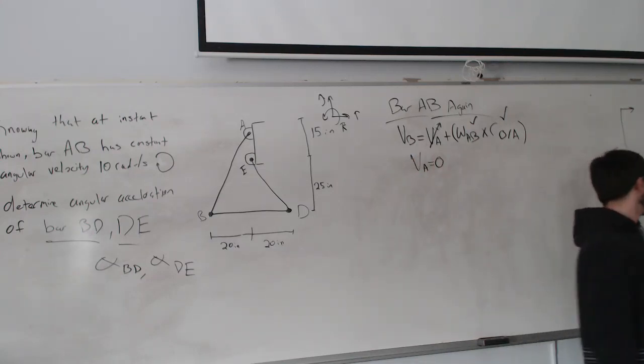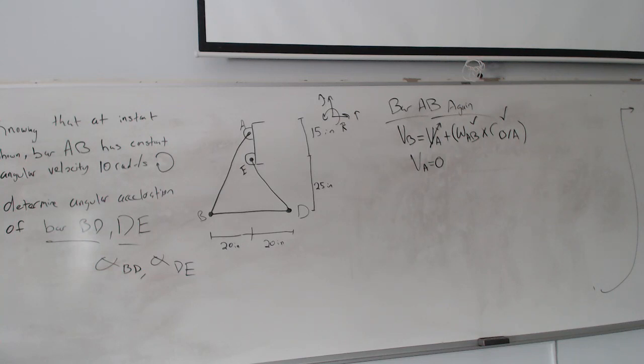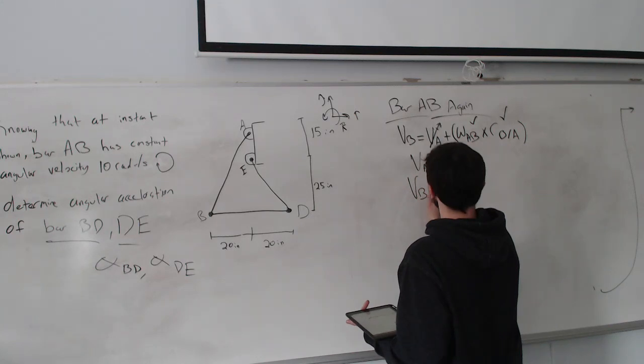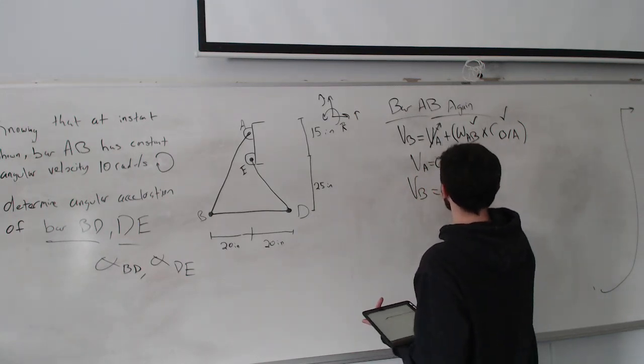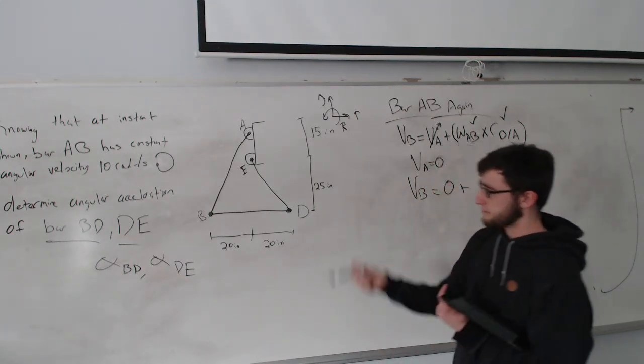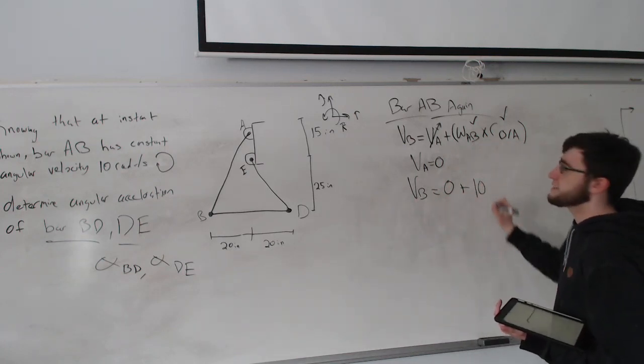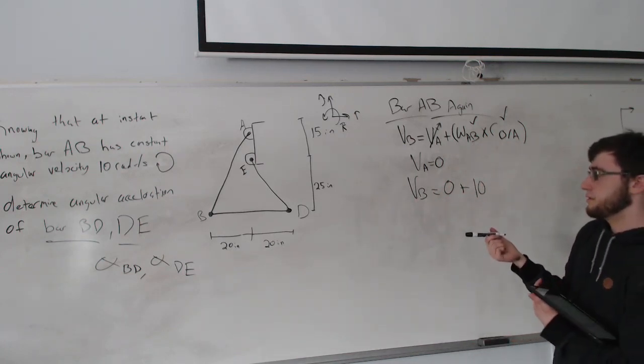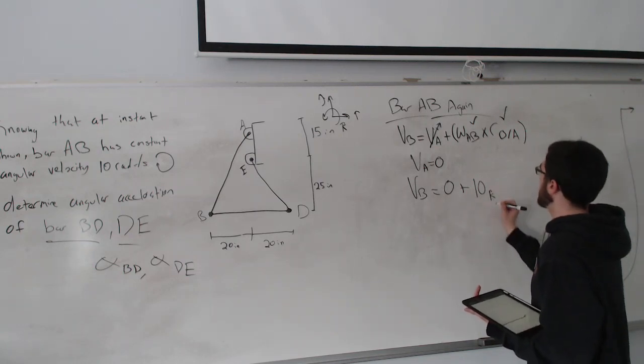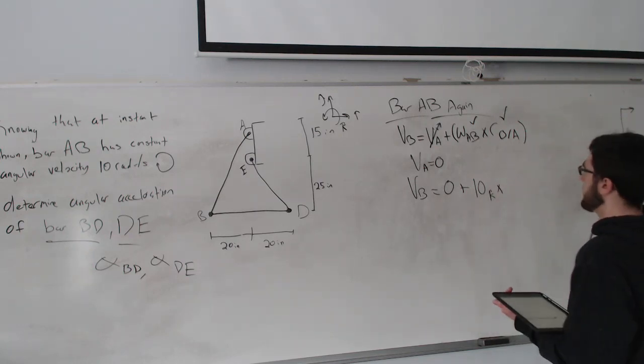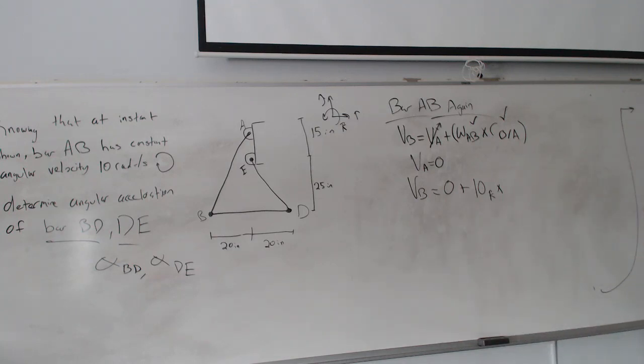And why would I do that? Because I got stuck here trying to solve what the velocity of B was, right? So that's why I'm even doing this in the first place. So, let's get the velocity of B. Velocity of B is equal to 0 plus, it's given as 10 radians per second, 10 in the K, crossed with the 2B from A. 2B from A. So that's actually opposite.